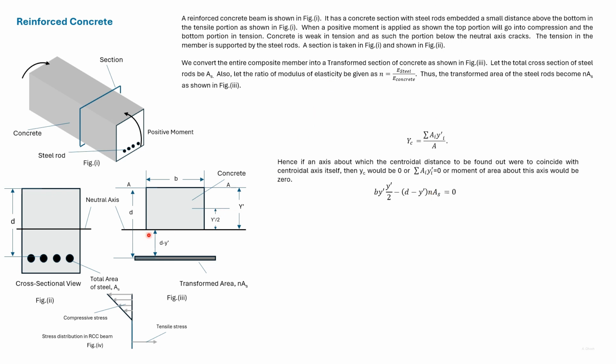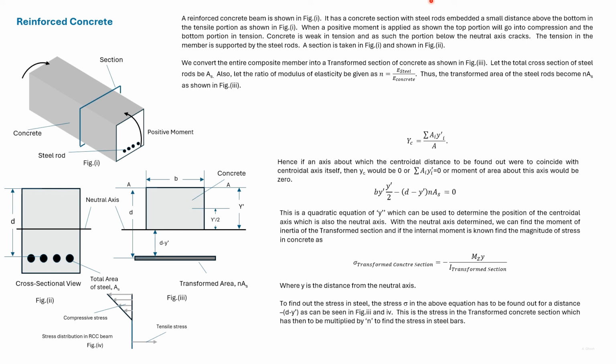Once we know the position of the neutral axis, we can find the moment of inertia of this transformed section. The moment of inertia known, we can use the flexure formula to give the variation of stress in this transformed section. Where the steel bars are located, y is equal to minus (d minus y dash).